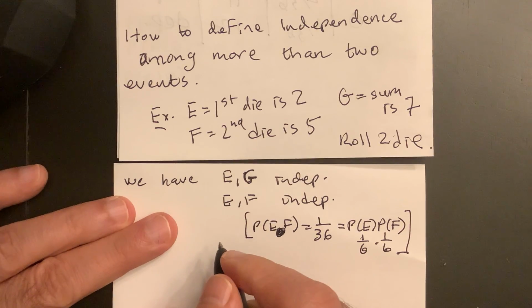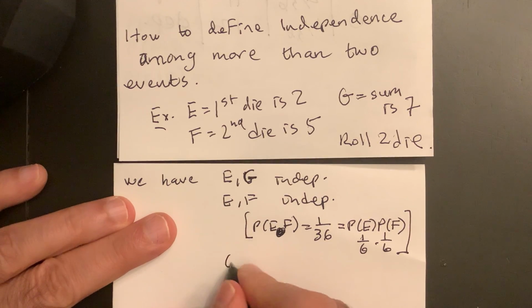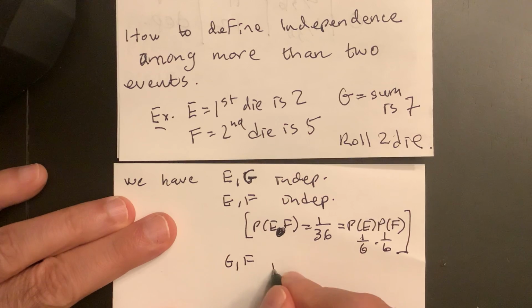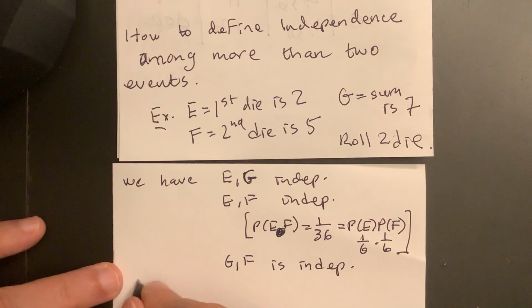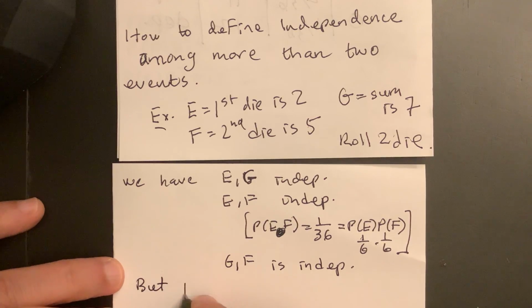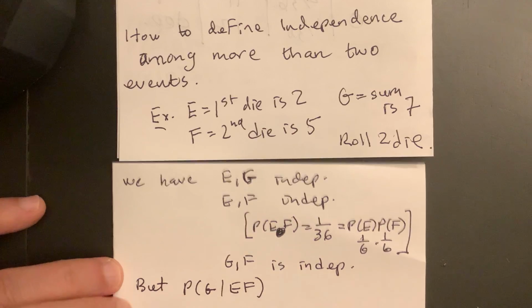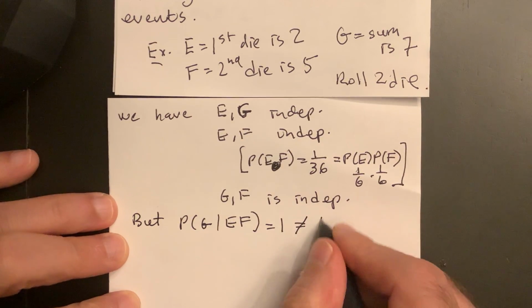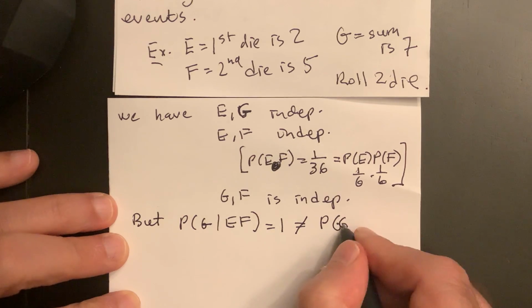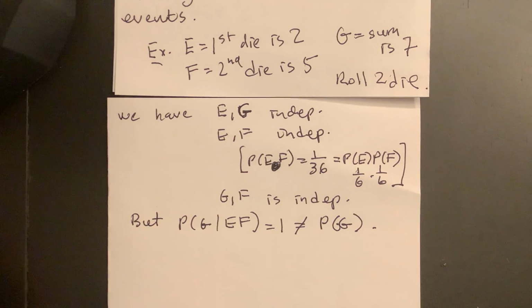So EG is independent, EF is independent, GF is independent, but probability of G given EF is equal to 1. This is not equal to the probability of G. So all the pairs satisfy pairwise independence, but as a triple, they're not independent.